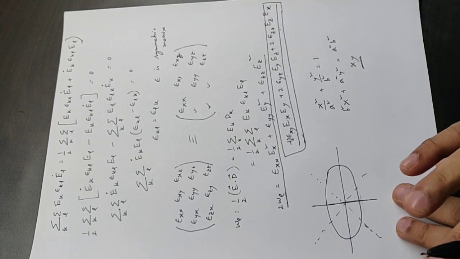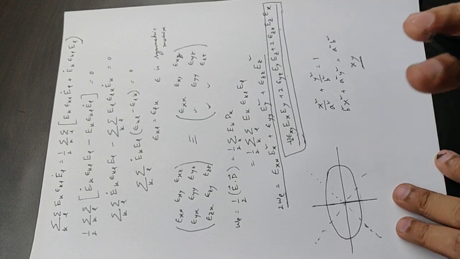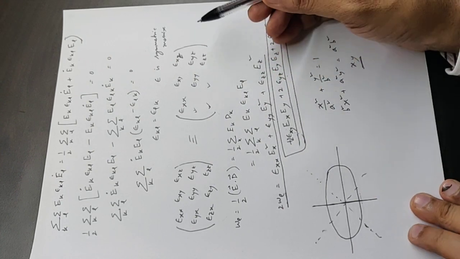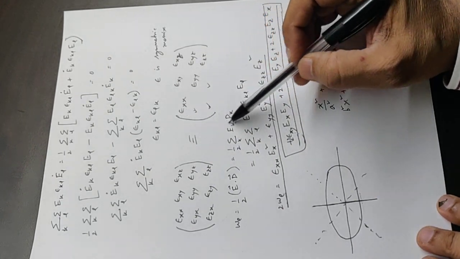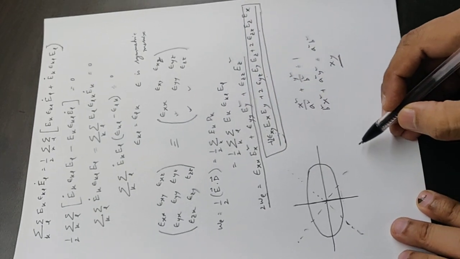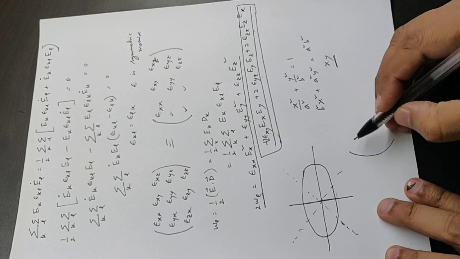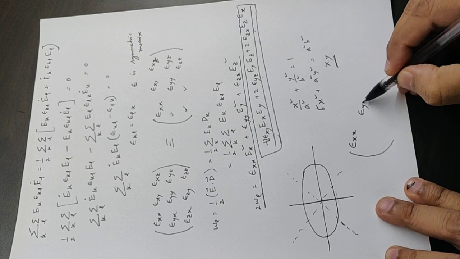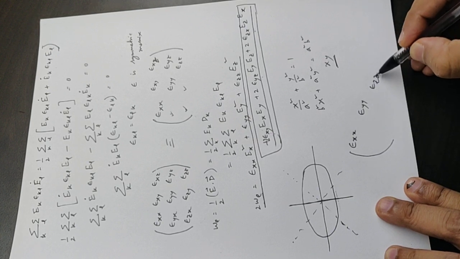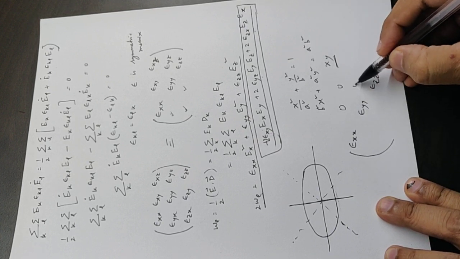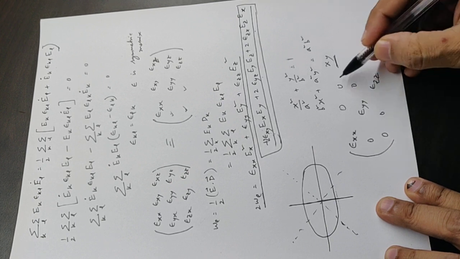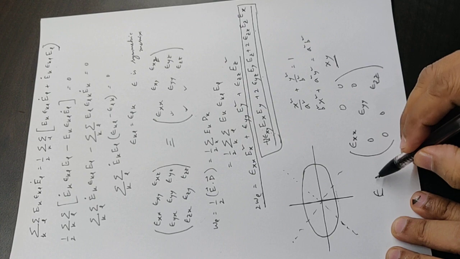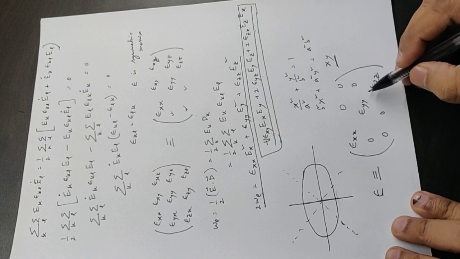We have not done anything, we have just chosen the axes. So by a suitable choice of x, y, and z, we can reduce this to a matrix of this form only: exx, eyy, ezz, and all of these would become 0. So the epsilon matrix would become this.